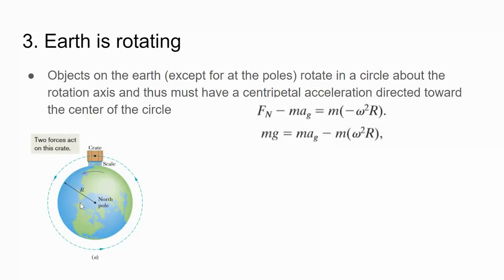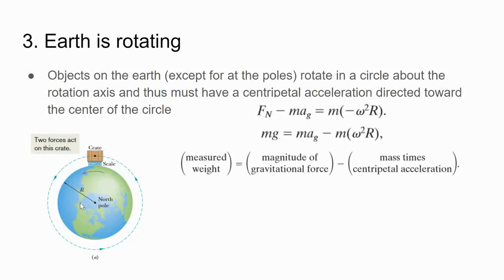So here, what we end up getting is mg, which is our apparent weight or our normal force, is equal to m sub ag minus that centripetal force, m times omega squared r. And so that mg that everything is equal to, that's our measured weight. That's our apparent weight or the normal force.